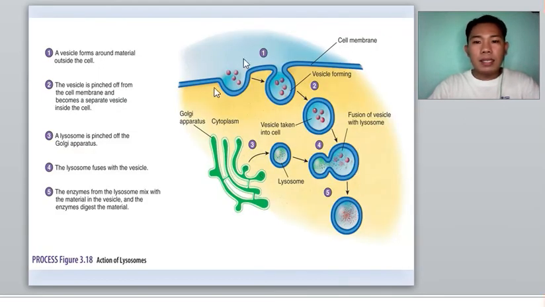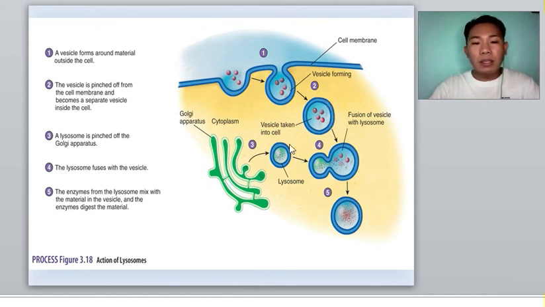So, this slide will explain the action of a lysosome. A vesicle forms around materials outside the cell through endocytosis. Then the vesicle is pinched off from the cell membrane and becomes a separate vesicle inside the cell.